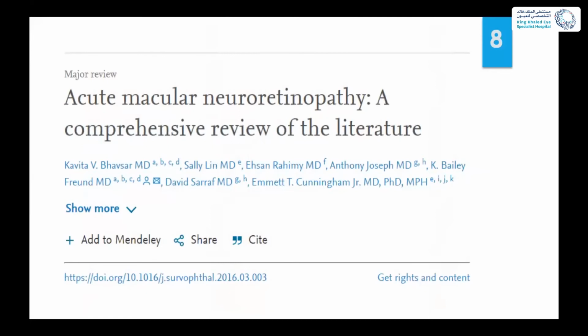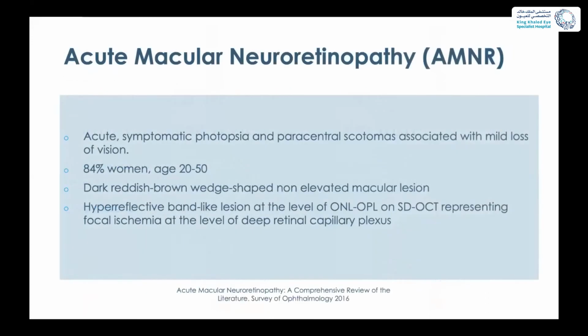And this article discusses the literature about this diagnosis. So acute macular neuroretinopathy, usually these patients present with acute symptomatic photopsia and paracentral scotoma associated with mild loss of vision, and it's more common in women, in more than 80%.